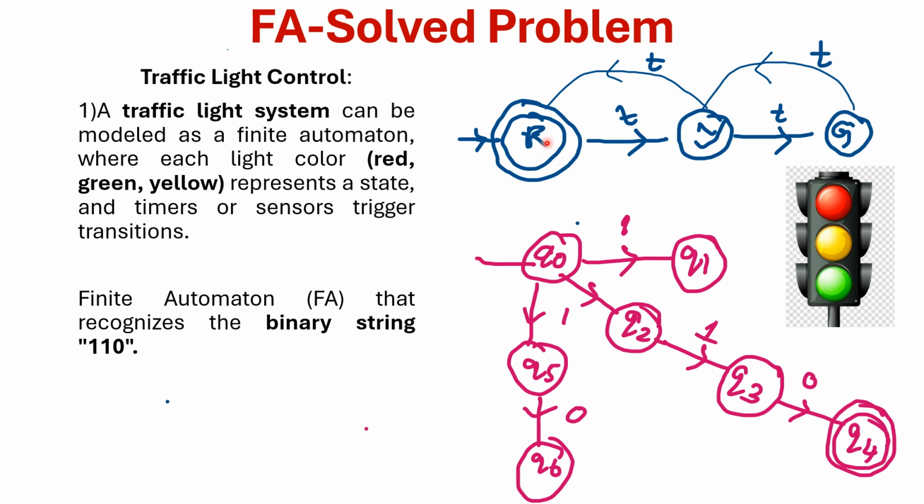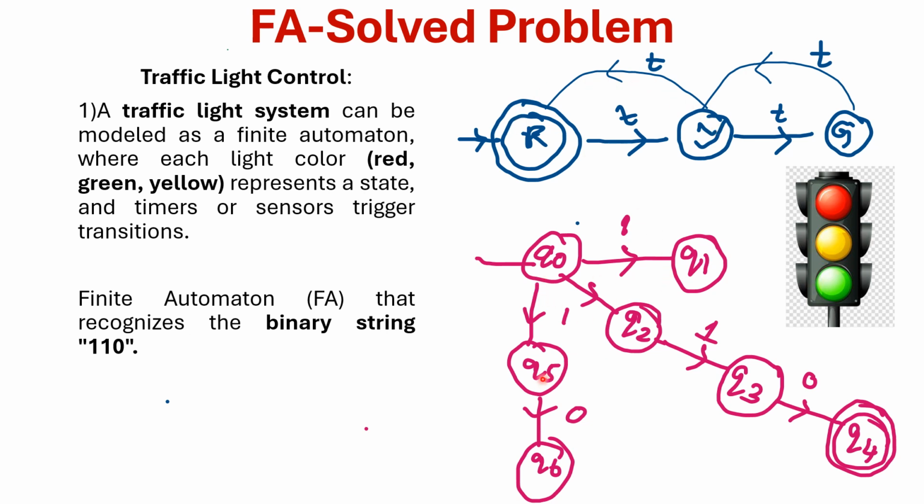The transitions move from R on T to Y, Y on T to G, then G on T to Y, again Y on T to R. So this is the transition, and the valid path is R to Y, Y to G, then G to Y, then Y to R. This is a valid path.